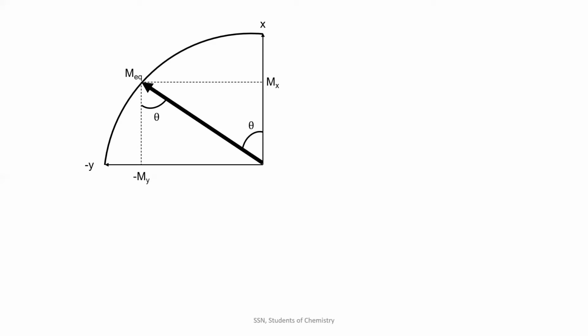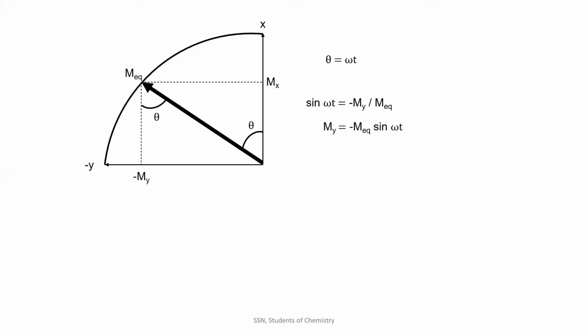So theta is just omega into t. And from these two right angles, we can also gather information from sine omega t and cos omega t. Sine omega t is nothing but the opposite side by the hypotenuse, which is minus My by M equilibrium, from the left right angle actually. And if we rearrange this equation, we get My is equal to minus M equilibrium sine omega t.